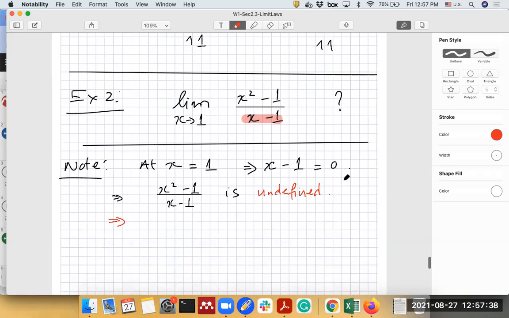Therefore, we cannot use direct substitution. Okay, be careful. But if you cannot do that, how can we solve it?